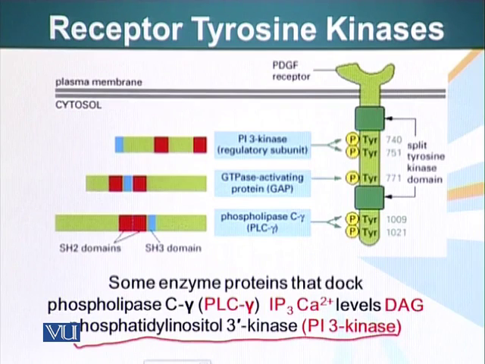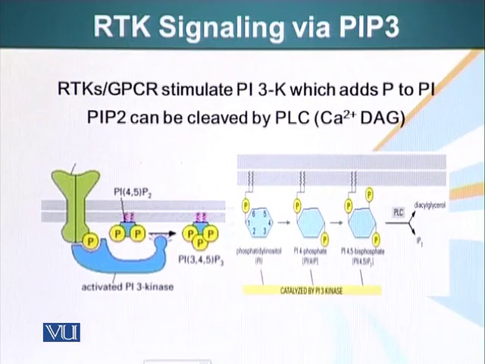You can see the kinase domain here, which has been split, and other additional residues or amino acids present in this protein, which can be phosphorylated. As I said, when these receptors are activated, they add phosphate groups, and other proteins are attracted. One of them, as I mentioned, is phosphatidylinositol kinase.